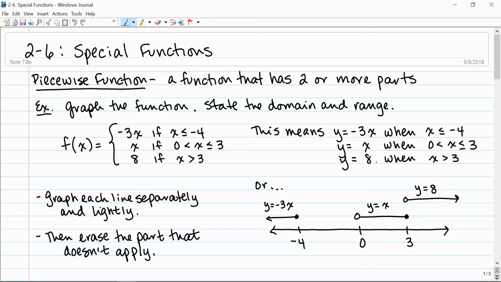And y equals 8 when x is greater than 3. And that's this interval here, wherever x is greater than 3, y is going to equal 8. So the trick to graphing this is we're going to graph each line separately, do it lightly and with pencil, and then erase the part of the graph that doesn't apply. So let's try this.